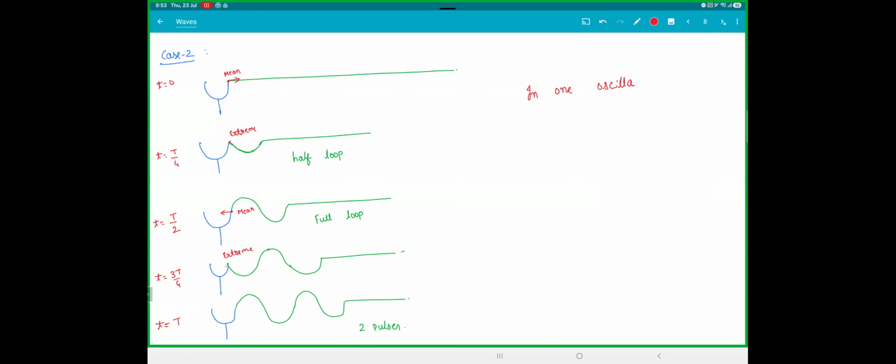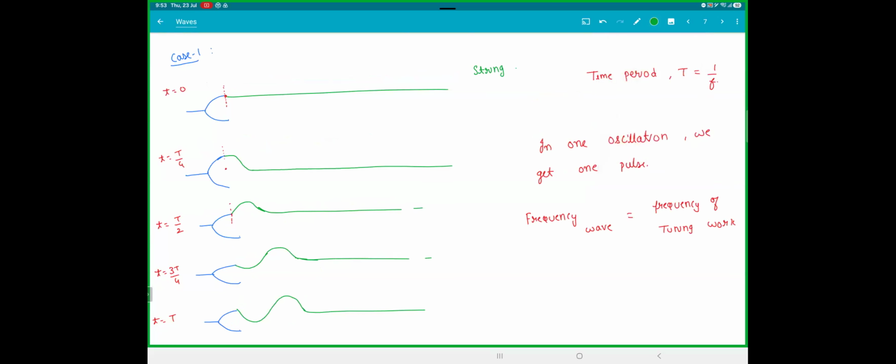If they specifically mention case 2, you're gone. The frequency is double. In one oscillation, we get two pulses. So frequency of the wave is 2 times the frequency of the tuning fork. Clear with this? So if nothing is mentioned, take this case.